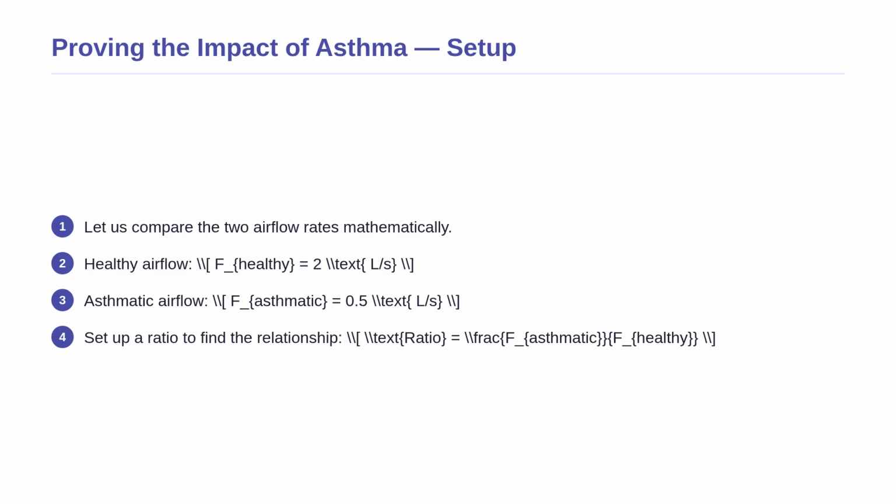We take our 2 calculated values, the healthy airflow of 2 liters per second and the asthmatic airflow of 0.5 liters per second. By setting up a ratio of the asthmatic flow divided by the healthy flow, we can mathematically isolate the effect of the constricted airways. This ratio will help us see the intuition behind why asthma feels so suffocating, which we will solve in the next step.